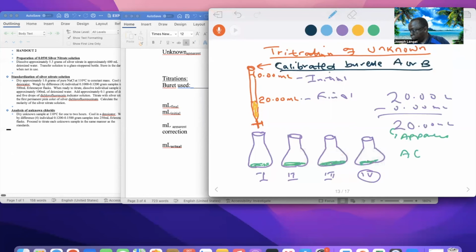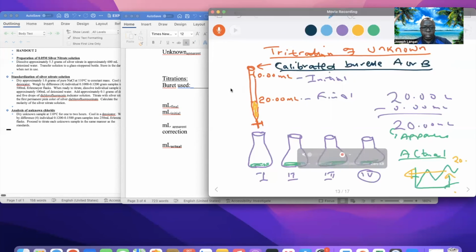Now, the actual volume. You'll have to look at the calibration curve. If this is the calibration curve going this way, you have to look at where 20 is. If this is 20.00, what is the correction factor on the y-axis?